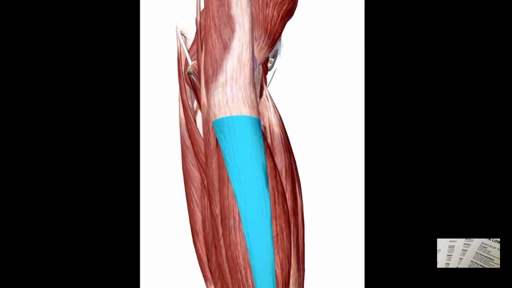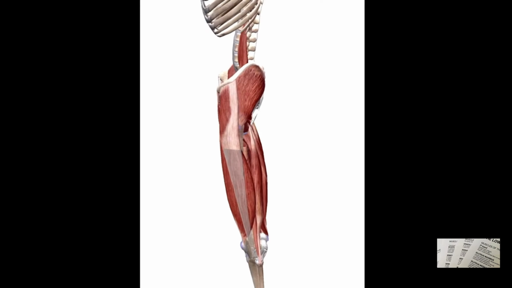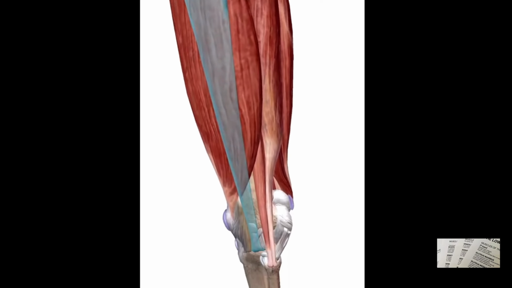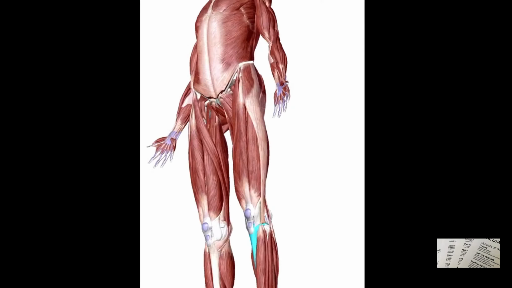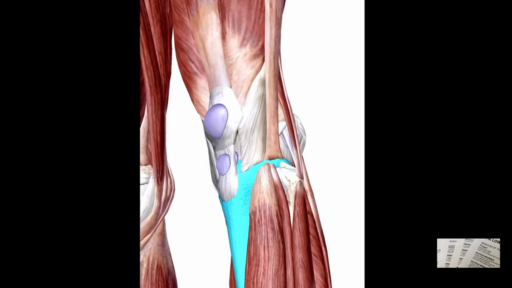The IT band originates on the tensor fascia lata and inserts on the tibia, way down here in the leg. You can see its insertion down here on the tibia.